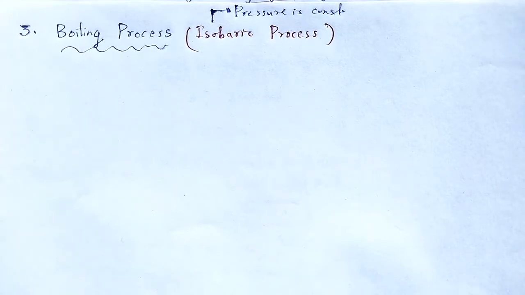The amount of heat supplied is called the latent heat of vaporization of that liquid, and the process is known as the boiling process.